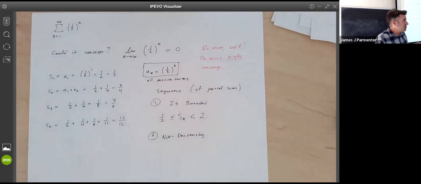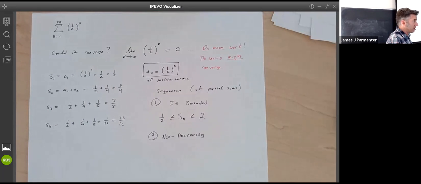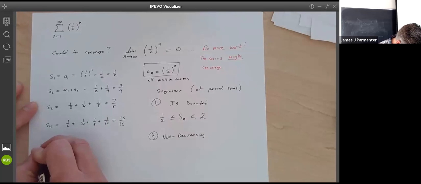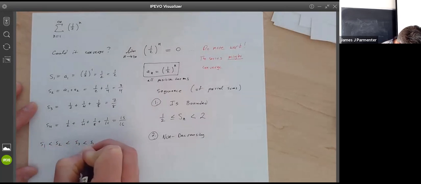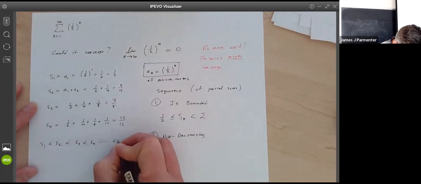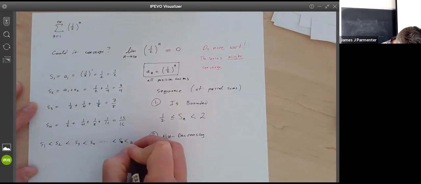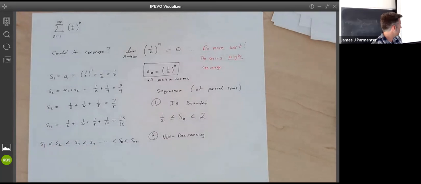Every time you add the next term on, you're adding something positive, meaning the next term has to be bigger than the previous one. So it's certainly true that S1 is less than S2, is less than S3, is less than S4, and so on. Each term is smaller than the next one.